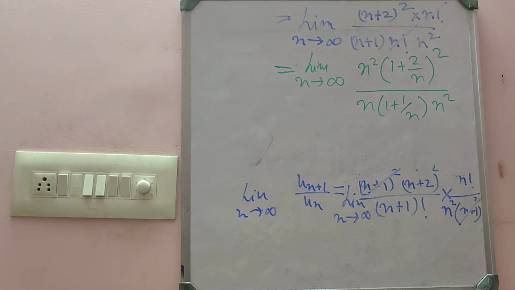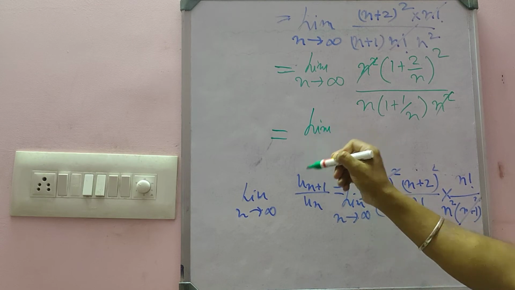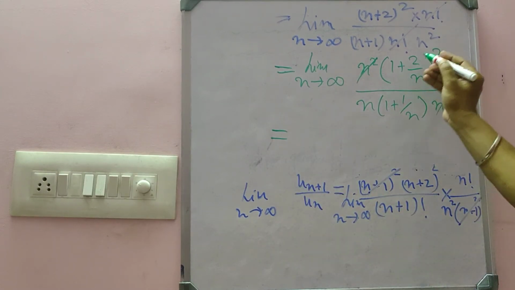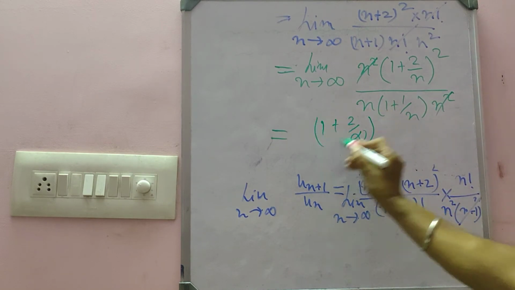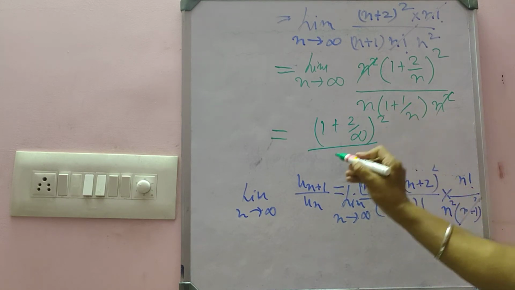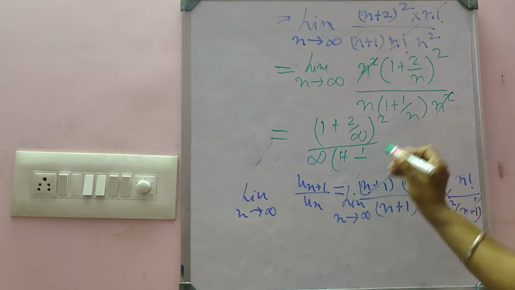See now, n square is cancelled out. Now substitute the value of infinity. So it becomes 1 plus 2 by infinity the whole square, divided by infinity into the bracket 1 plus 1 by infinity.